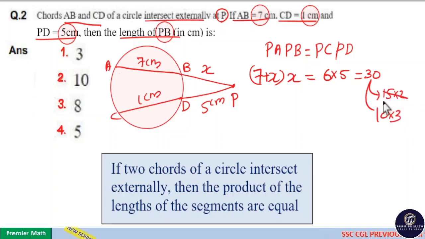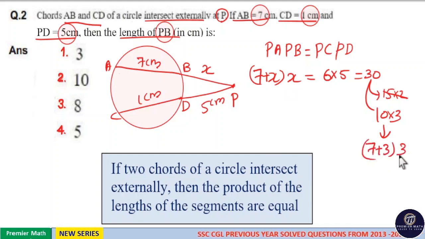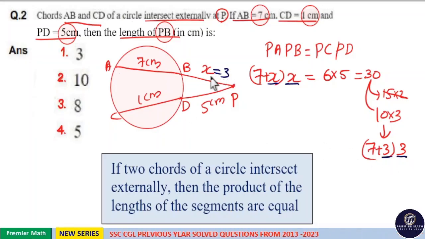But 15 into 2 is not possible because 30 is 7 plus x into x. 15 into 2 cannot be written as 7 plus x into x. But 10 into 3 can be written as 7 plus 3 into 3. Now you can see here x is equal to 3. So your answer is option 1.